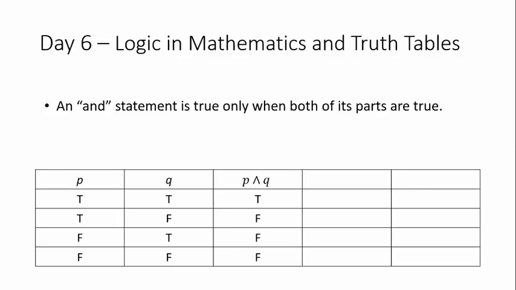When P is true and Q is false, then P and Q is false. When P is false and Q is true, then the statement P and Q is false. And finally, when both P and Q are false, the compound statement P and Q is false.